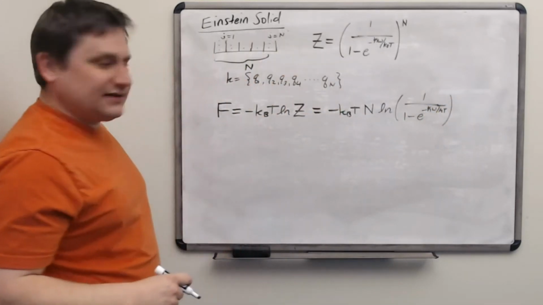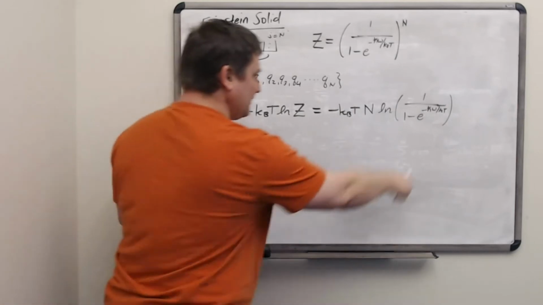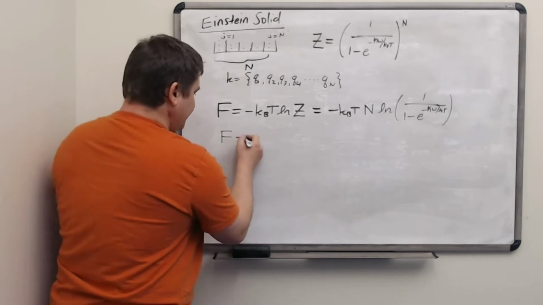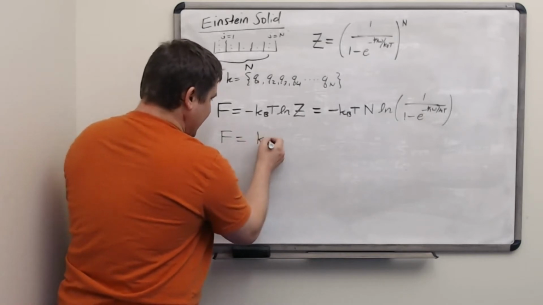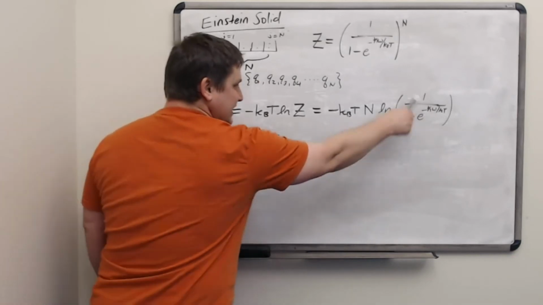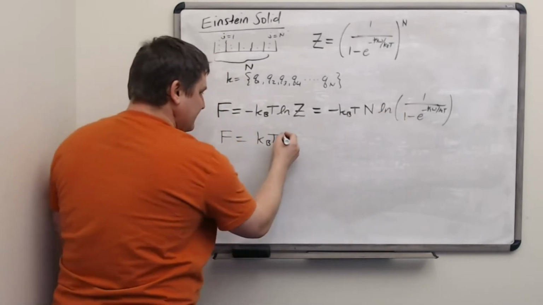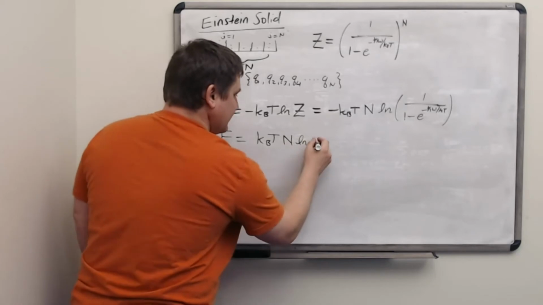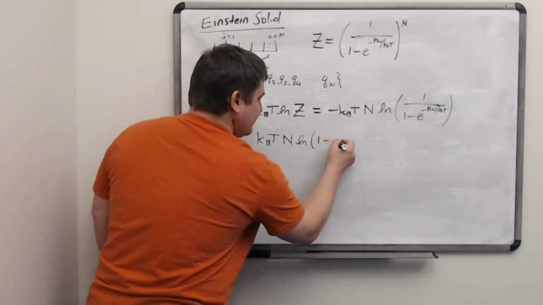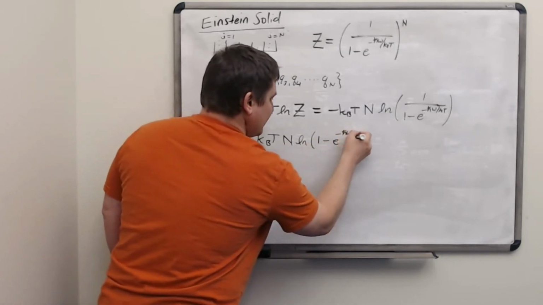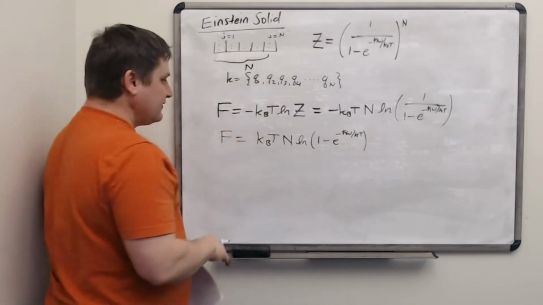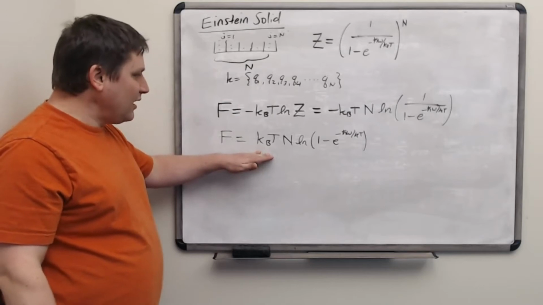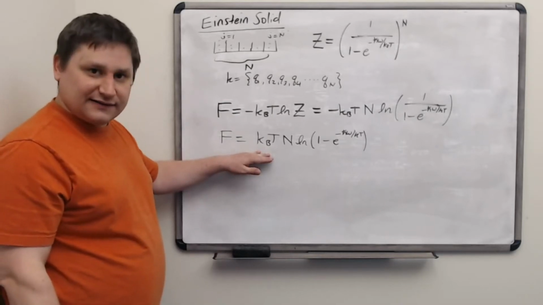And I tend not to like having logs of fractions if I can help it, so we'll take that implied negative 1 power and use it to get rid of the minus sign in the front. So 1 minus e to the minus h bar omega over kT. Okay. So here's our formula for the Helmholtz free energy of the Einstein Salad.